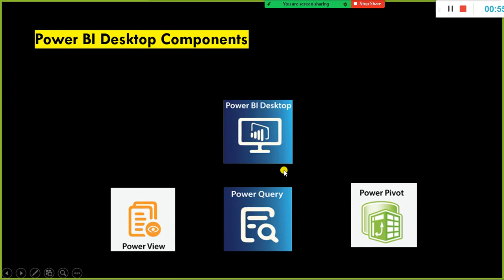As I discussed a while back, to create a report or dashboard, you need to have the data. Data is there, but data is not clean. Using Power Query, we do the cleaning. We pre-process the data. As part of Power BI Desktop, we have something called the Power Query Editor, using which we can pre-process the data. Now the data is clean and pre-processed, very good. Next step is Power Pivot, using which you need to do the data model design.